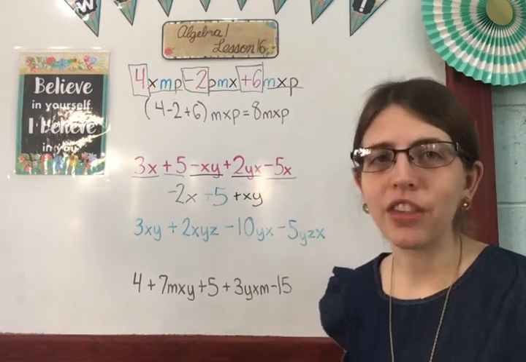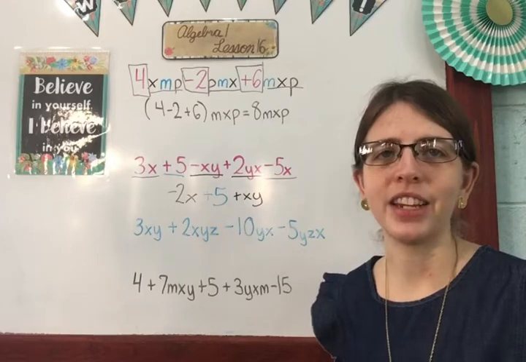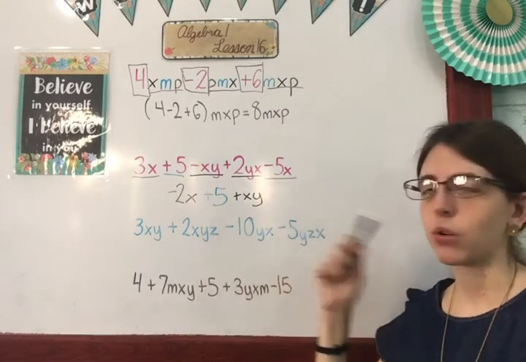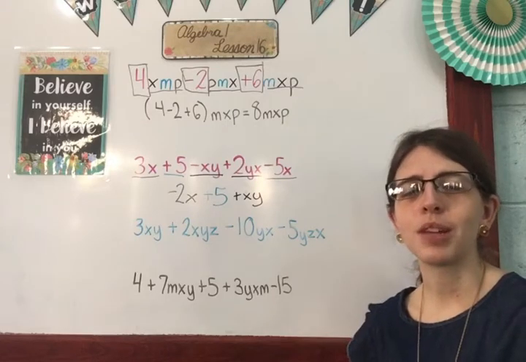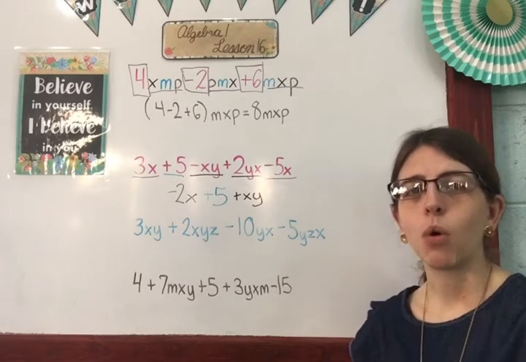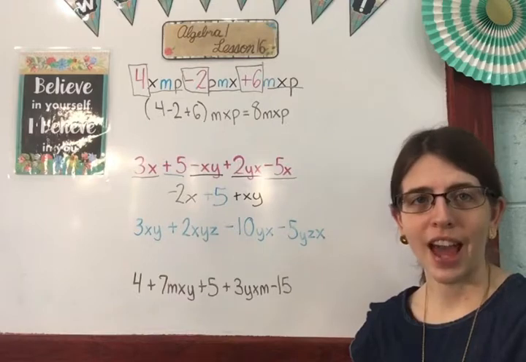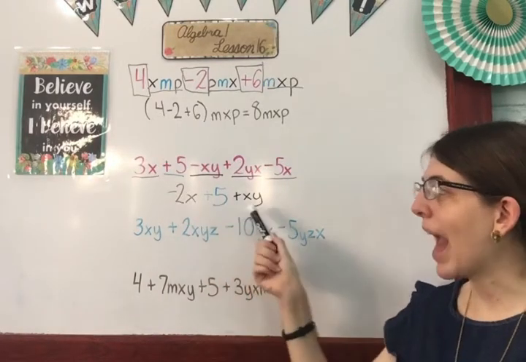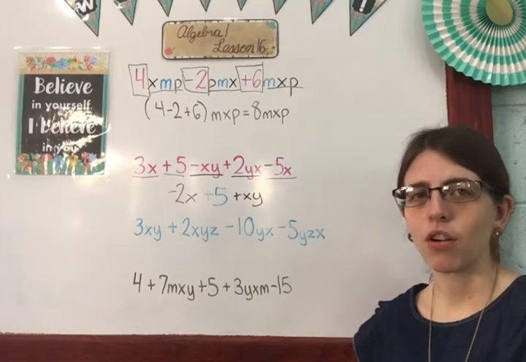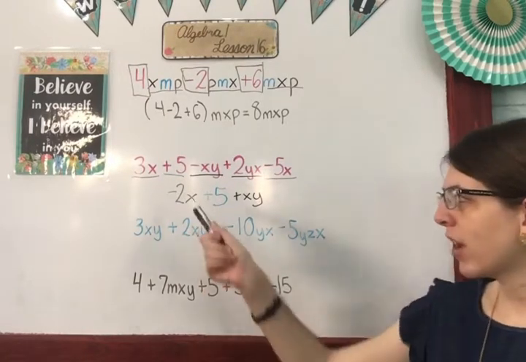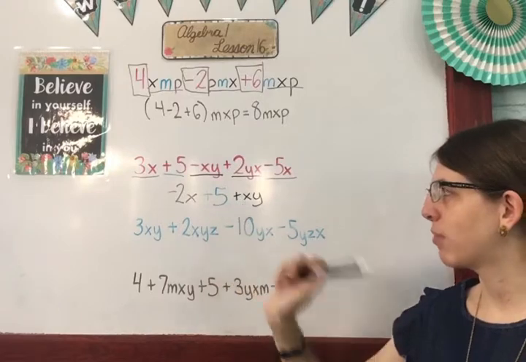Now one more thing that does not matter when you combine like terms is the order of your terms. This is extremely important because you will sometimes see in your answer key that the order is different than what you have written down. As long as your terms match and their signs match, it does not matter the order. Let me show you what I mean. Here I have written negative 2x plus 5 plus xy.